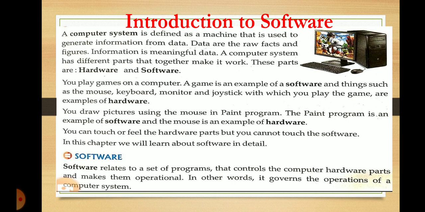The paint program is an example of software, and the mouse with which you draw pictures on screen is an example of hardware. You can feel and touch hardware parts, but you cannot touch and feel software.